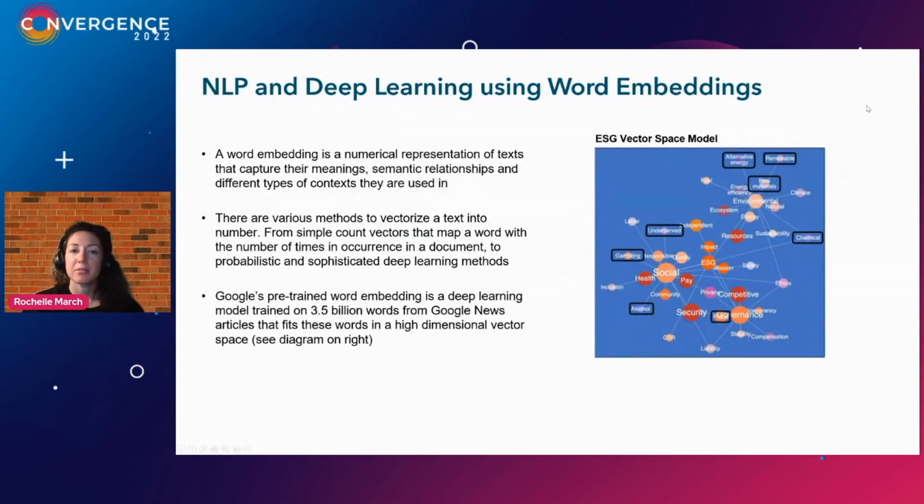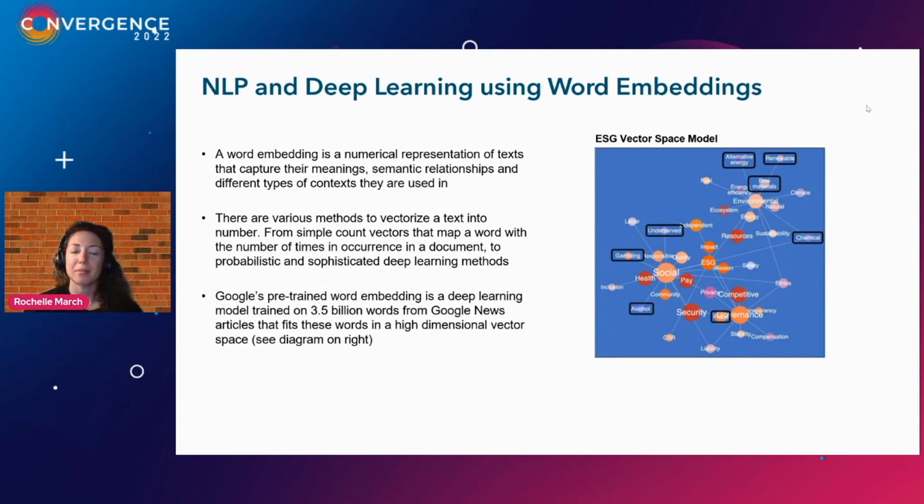I'll get a little bit into the NLP and deep learning that we used to, one, create the library, to run the analysis on it, and then how that works in practice in an operational sense. So word embedding is essentially a numerical representation of text. There's some great models out there.